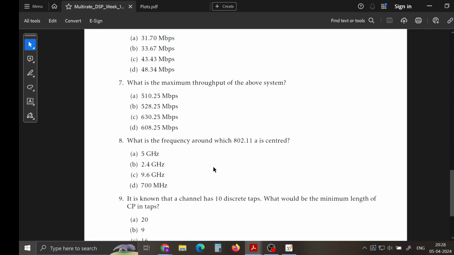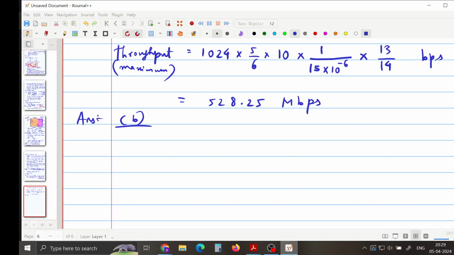There are multiple standards with different specifications, but as we have seen in the lecture, 802.11a is centered around the 5 gigahertz frequency. Similarly, 802.11g is centered around 2.4 gigahertz. Sorry, those are specifications, my bad. This is just factual information.